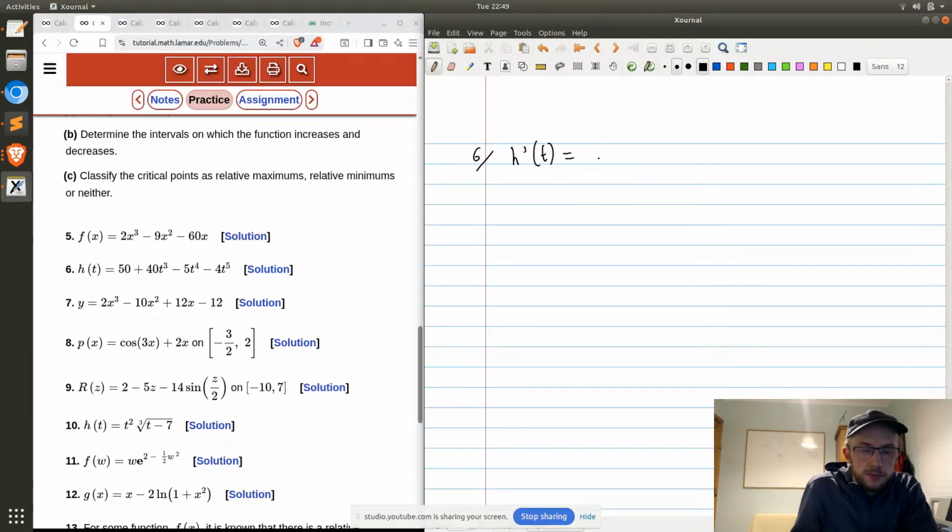Differentiate. 120t squared minus 20t cubed minus 20t to the 4. Why am I saying t really weird?